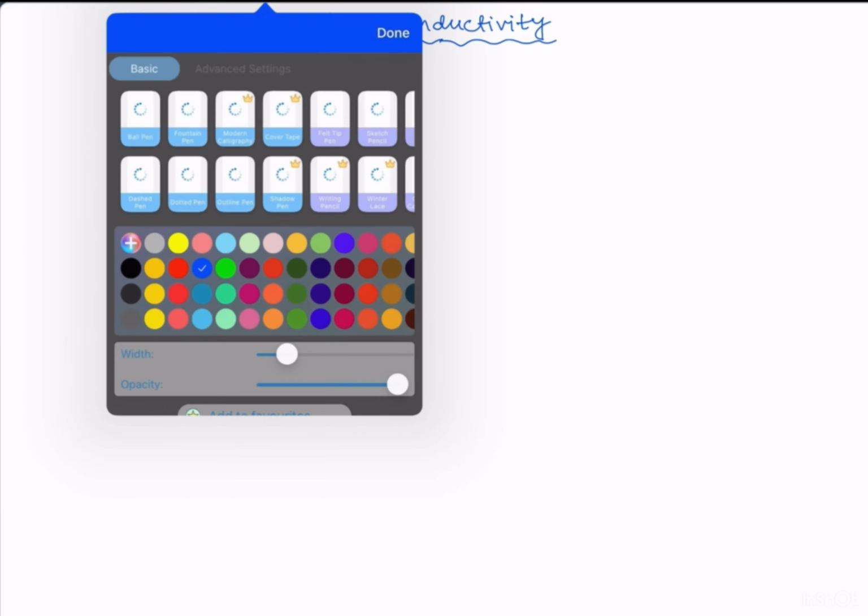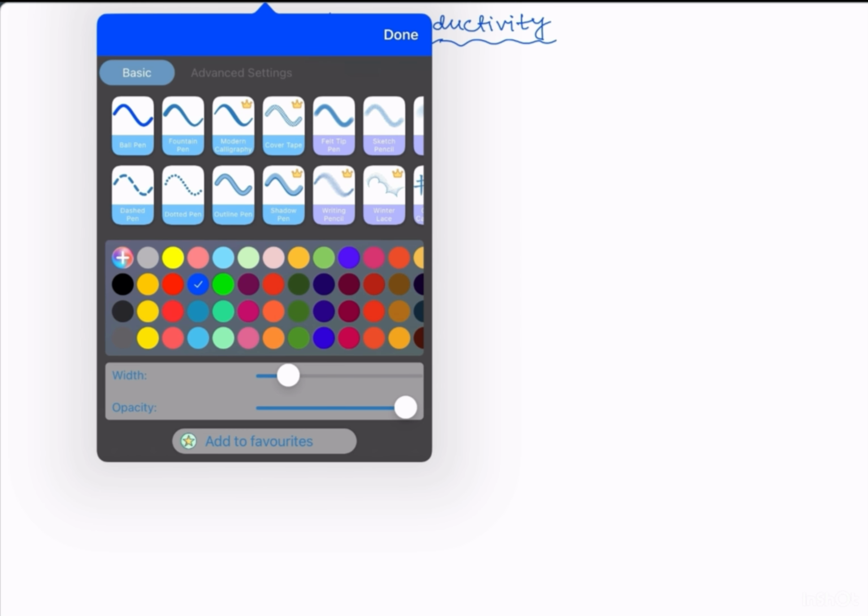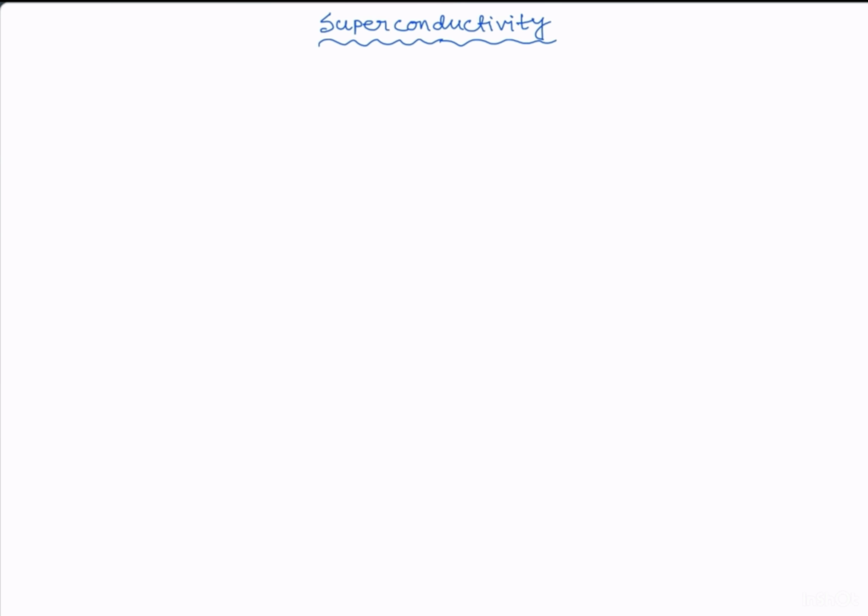Superconductivity. First we discuss the flux quantization.